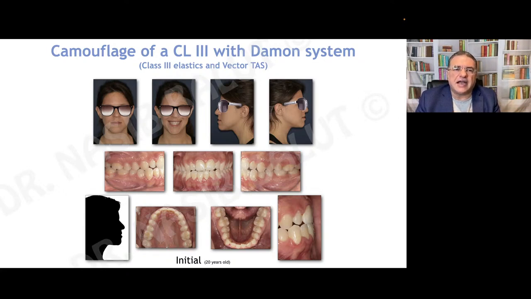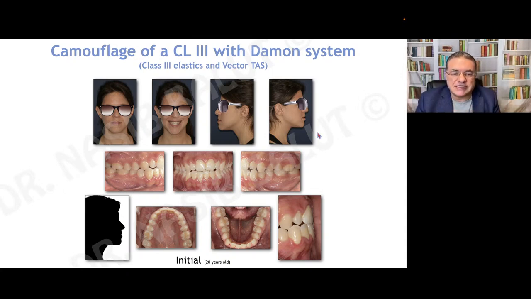She had an ortho treatment in the past. She had a slightly class 3. She's edge to edge. I don't like her profile. She has a slightly class 3 tendency with a vertical growth.